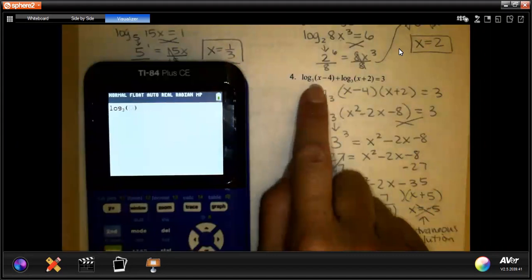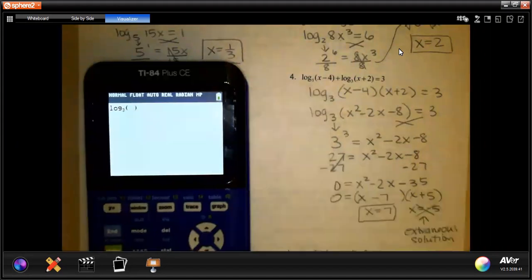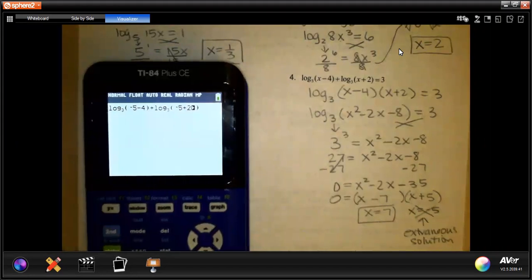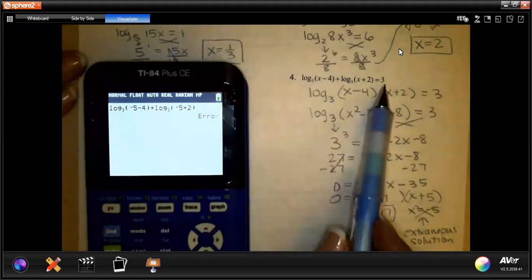So log base 3, the negative 5 minus 4, and then plus, again, I want to go to my log base, the 3, and then negative 5 plus 2. When I hit enter, it tells me non-real answer. That is not a solution. And it says error if you continue to the next page, so you know this one is not a solution. If we plugged in the 7 there, it would come out to 3, which is my answer there.